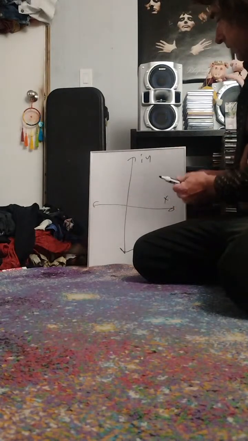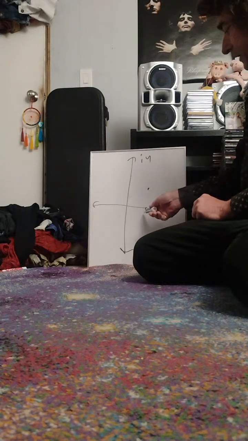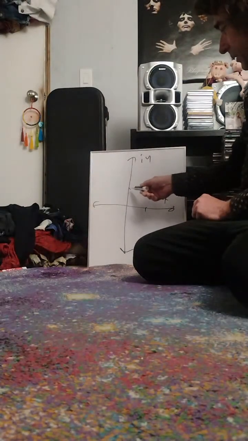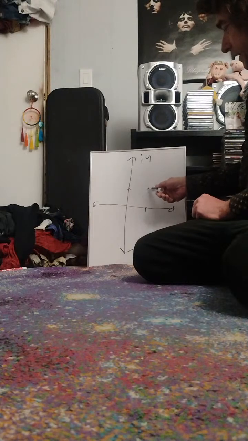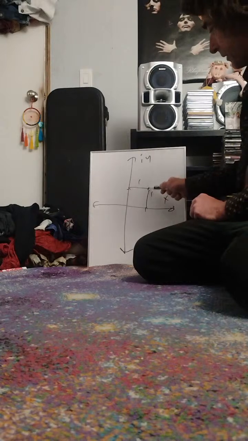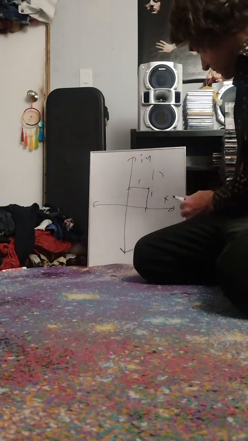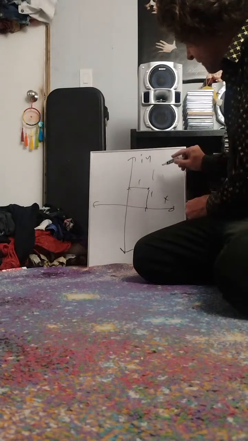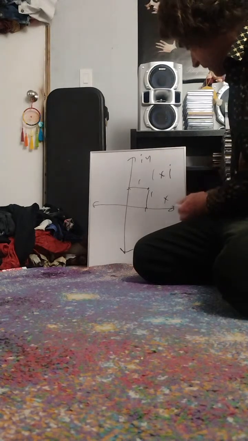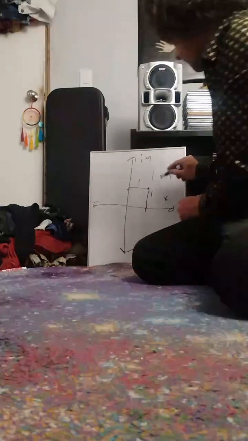So any point on this graph is this much x and then this much iy. If this much is 1 and this much is 1, then this point would be 1 plus i, not times but plus, 1 plus i, and so forth.